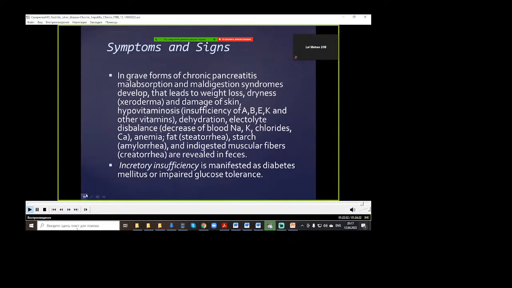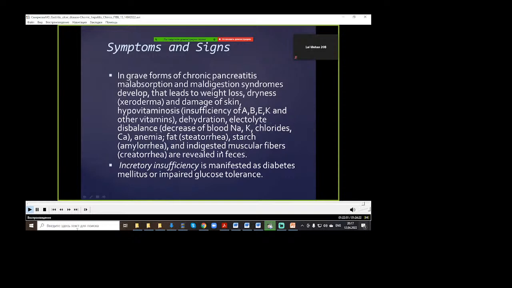In grave forms of chronic pancreatitis, malabsorption and maldigestion symptoms develop that lead to weight loss, dryness and damage of skin, hypovitaminosis, dehydration, and electrolyte disbalance.